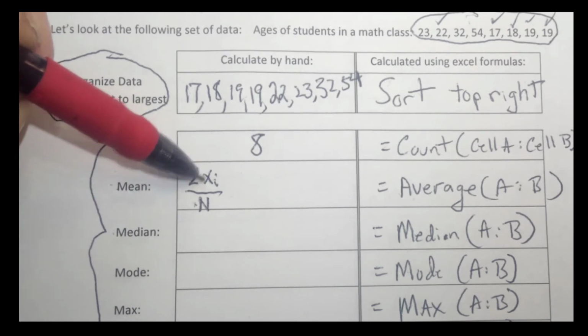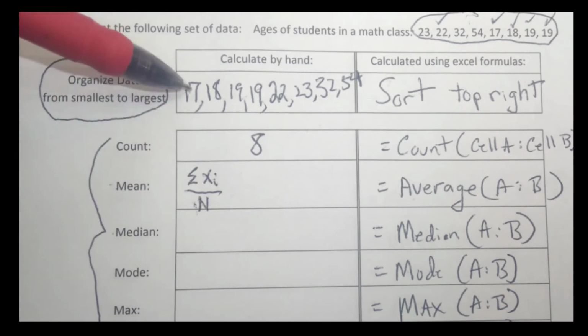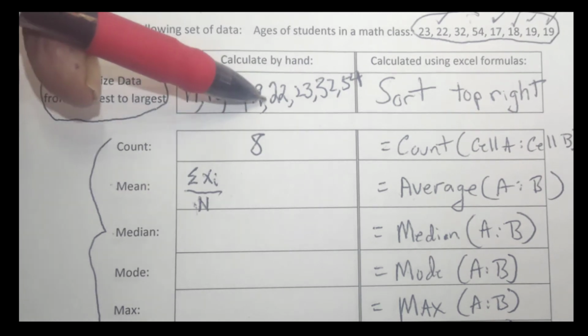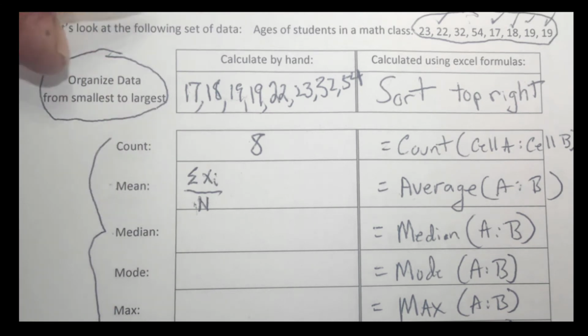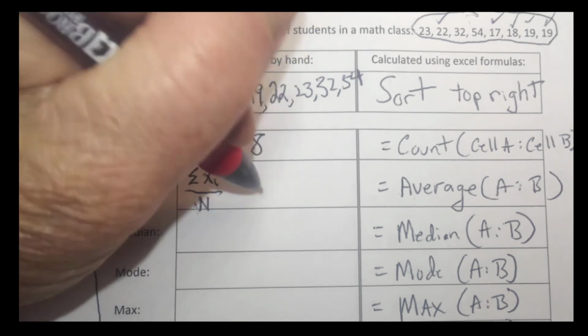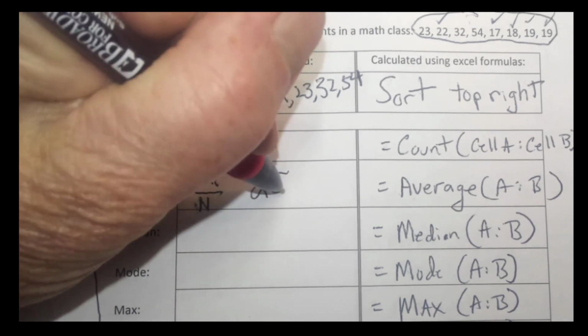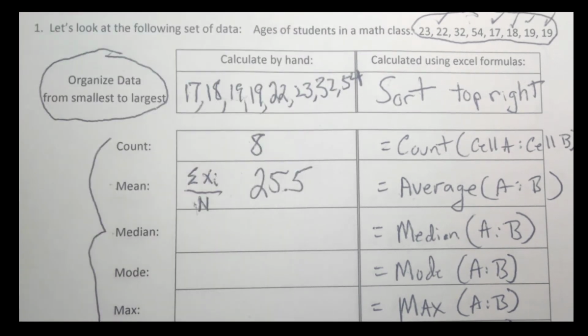So the sum of all data divided by the count, you know this, it's 17 plus 18 plus 19, etc., divided by 8. And you put that on your calculator, and you should get 25.5, I believe.